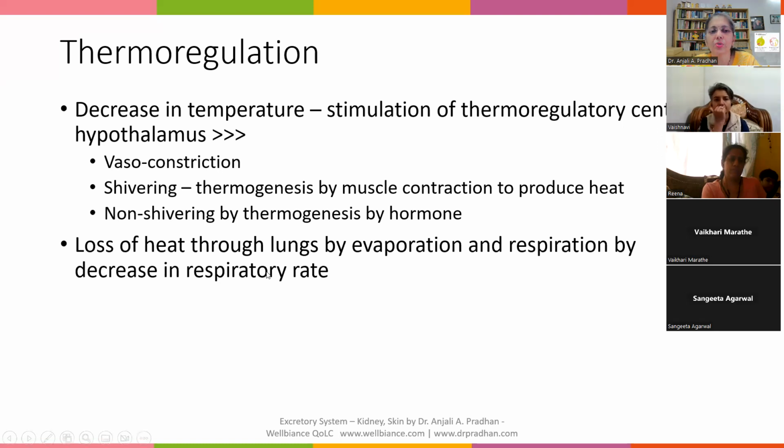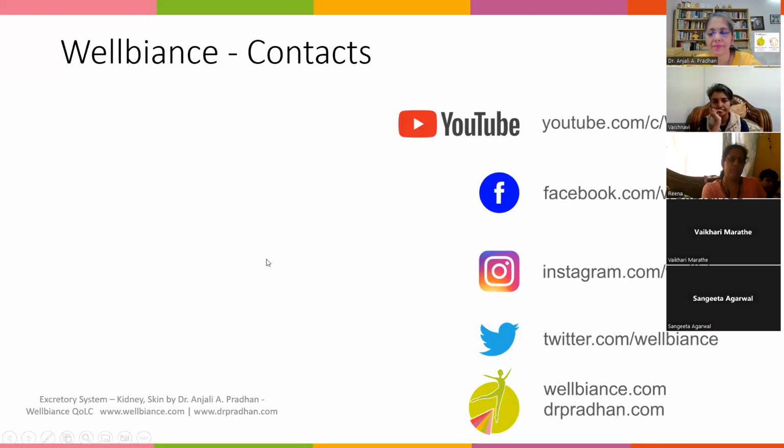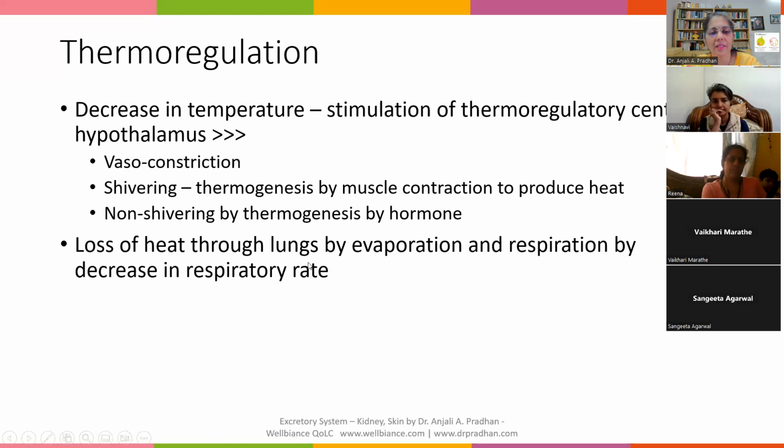Loss of heat through lungs by evaporation and respiration by decreased respiratory rate. So then the respiratory rate also decreases. And thus the body temperature is maintained.